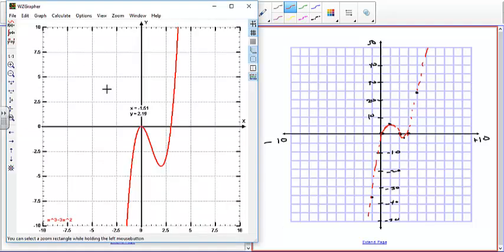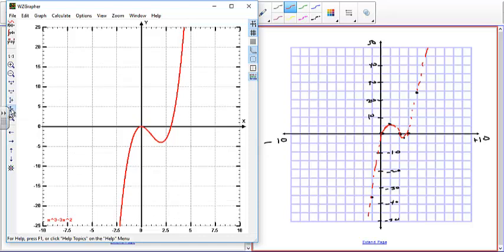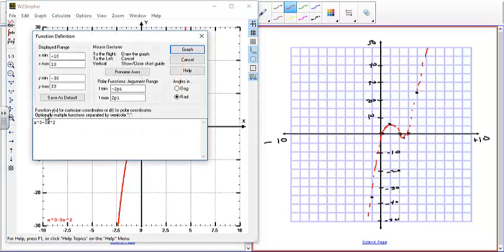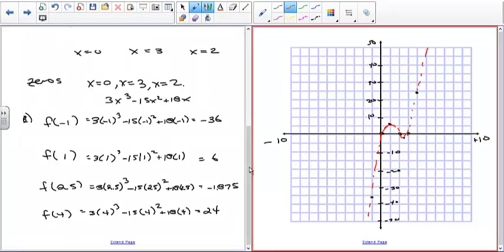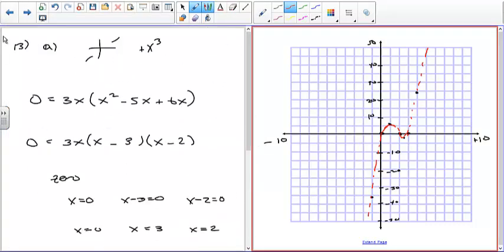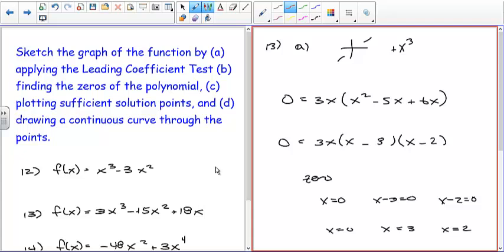Let's get a graphing program here. I want to zoom out so that it goes to 30 before I put my new function in. Okay. So the function was, I've already forgotten what it was. Go back here.